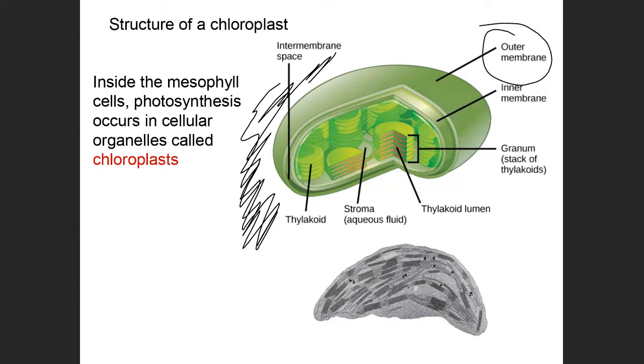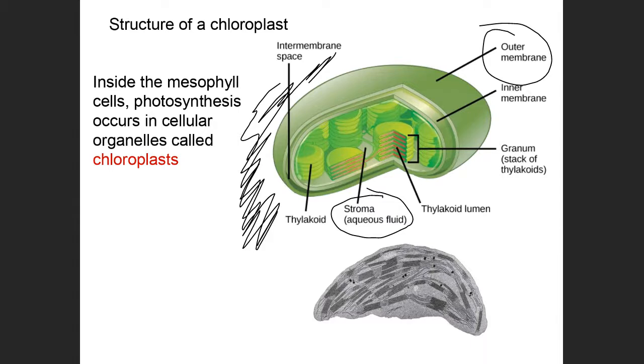The one that is inside and in contact with the inside of the chloroplast, the stroma, which is aqueous, we call the inner membrane. Between them, of course, we have the intermembrane space, but this is the most important.